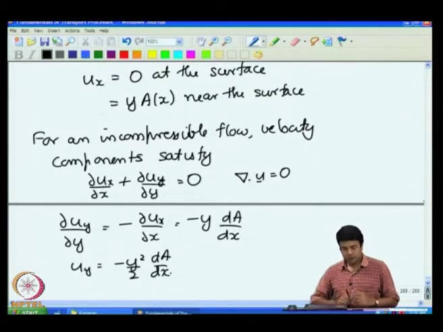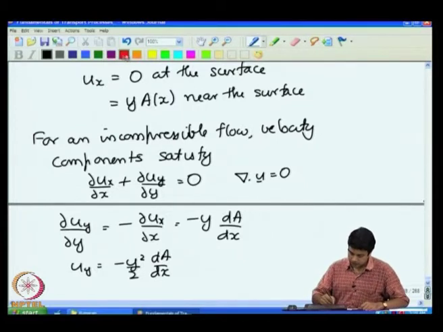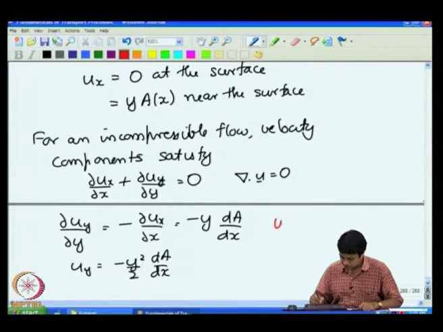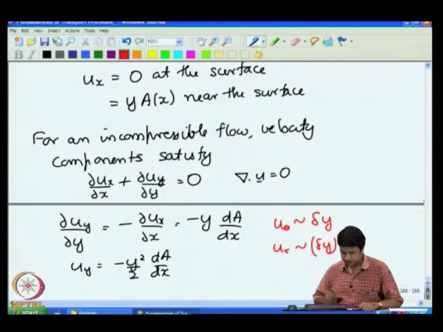Note that uy also has to go to 0 at the surface. So, if I integrate once, I will get uy going as y square. Recall that we got u theta going as delta y and ur going as delta y the whole square in the flow past a sphere.